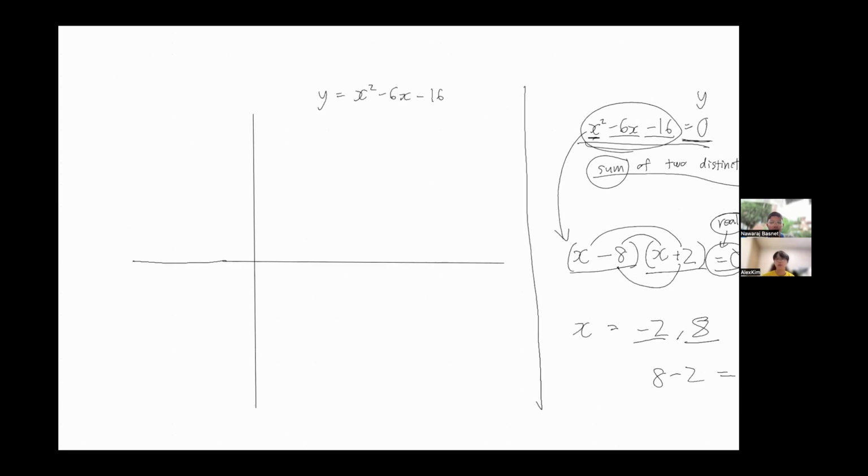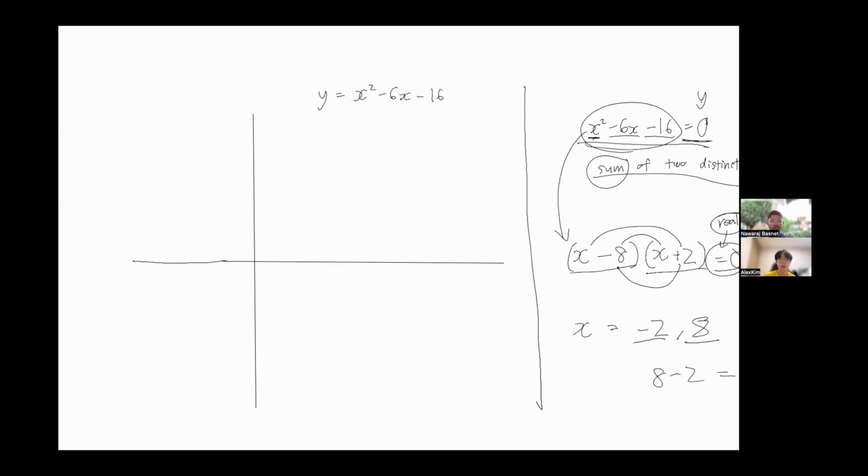The reason we change the 0 to a y is that we have x on the left side and y on the right side, and with this relationship we're finding values of x when y equals 0, right?